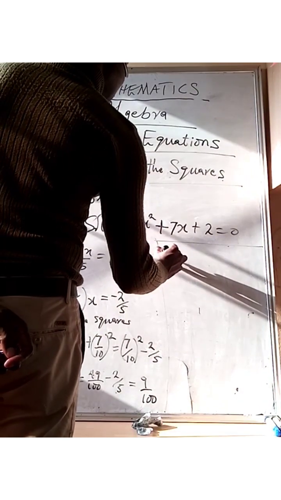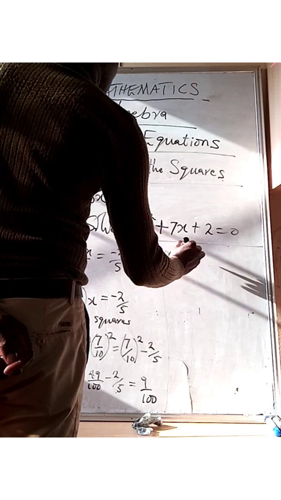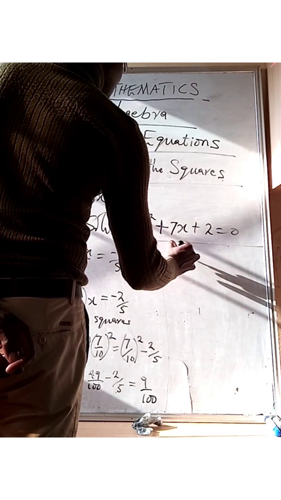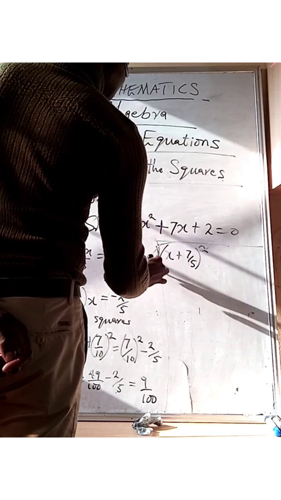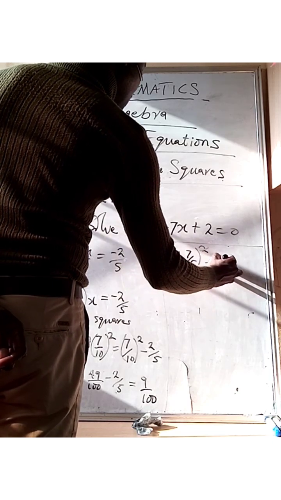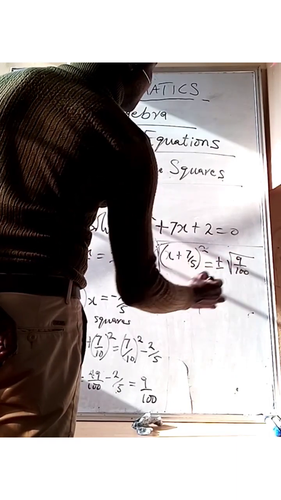So we are now going to have x plus 7 over 5 all squared. If we take the square root, it gets rid of this, and that will be equal to positive or negative the square root of 9 over 100.